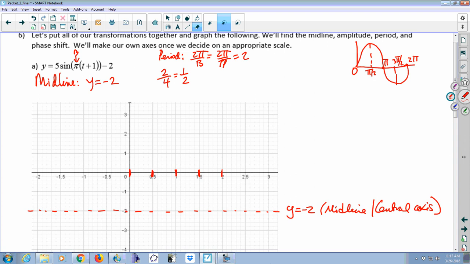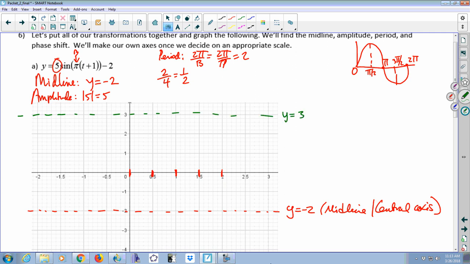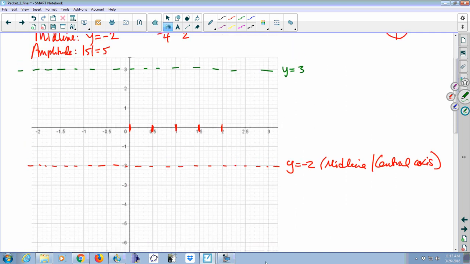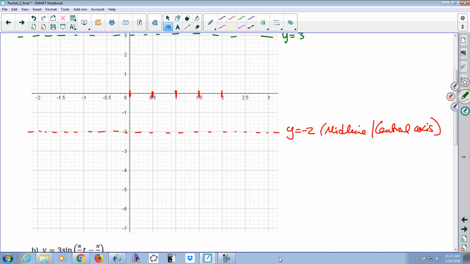Now my amplitude is the absolute value of this number, so the absolute value of 5 is 5. That means my high point is 5 above -2 and my low point is 5 below -2. My high point is 5 above -2, which gives me 3. That's my amplitude. Y equals 3. And then I subtract 5 from -2, which brings me down to -7.